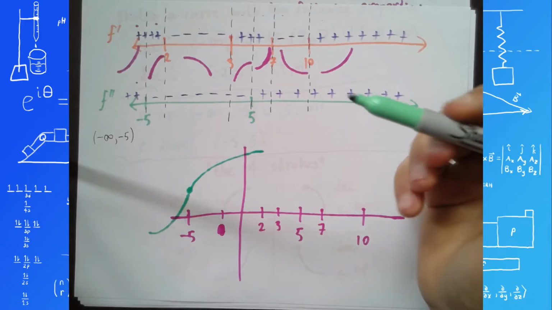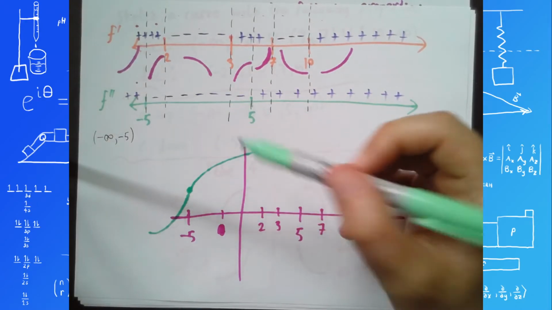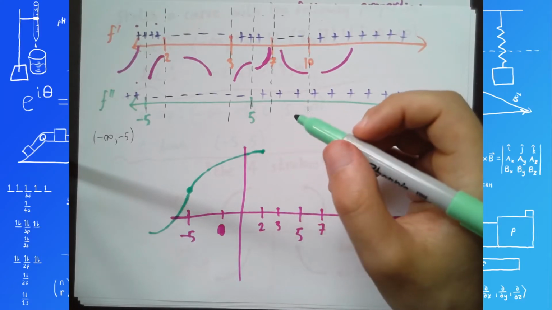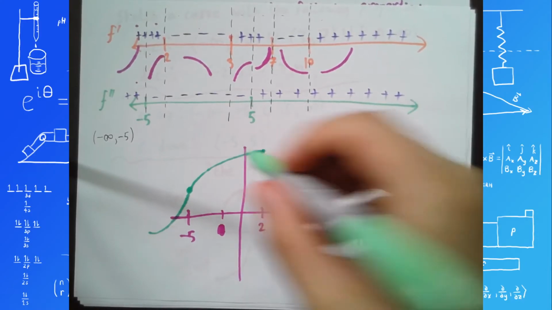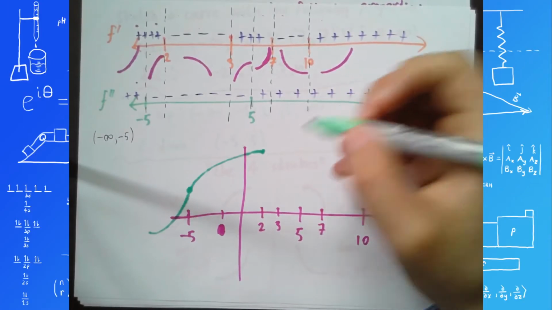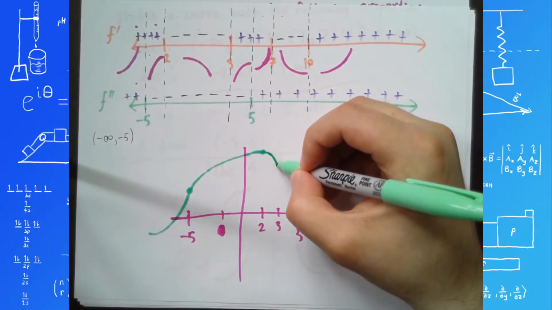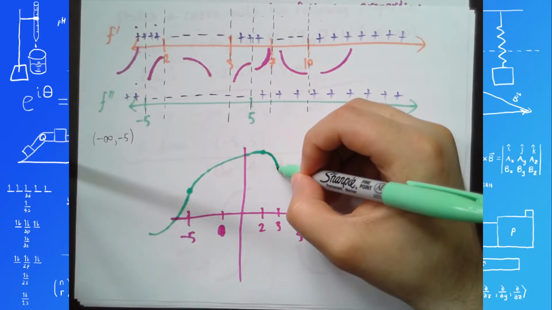And then at 2, it switches to decreasing concave down until you hit 3, which isn't too far, but my number line would have you think otherwise. As I warned earlier, my number lines are not drawn to scale.